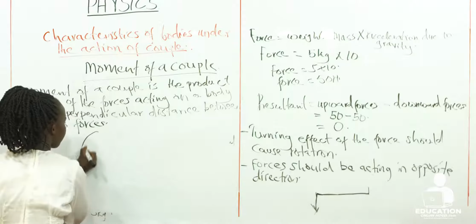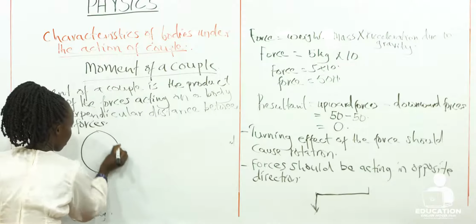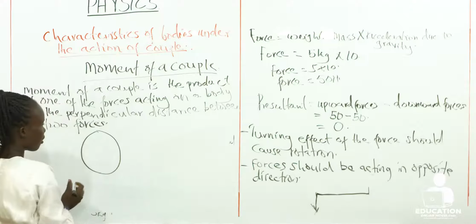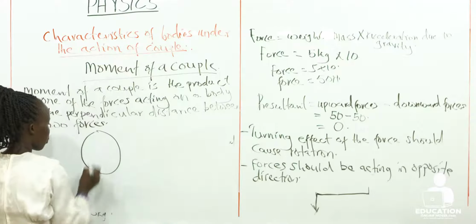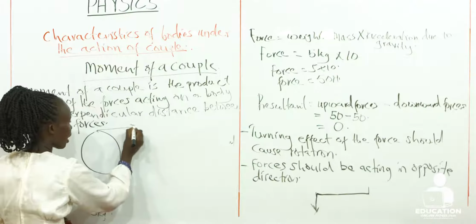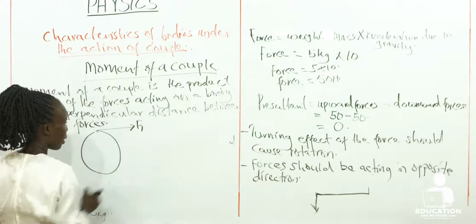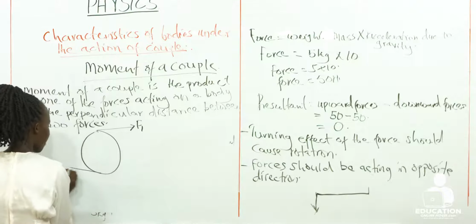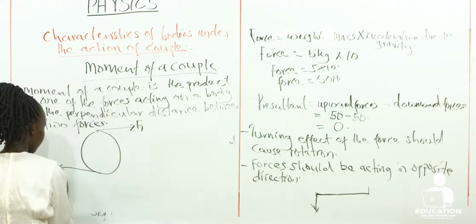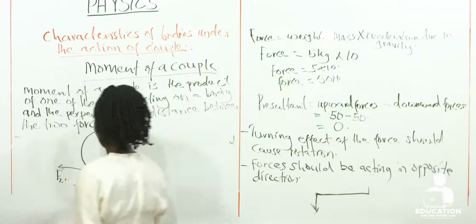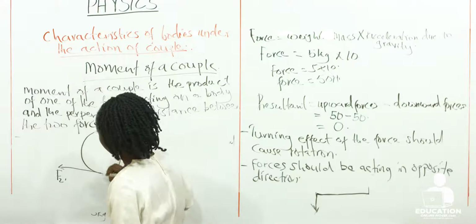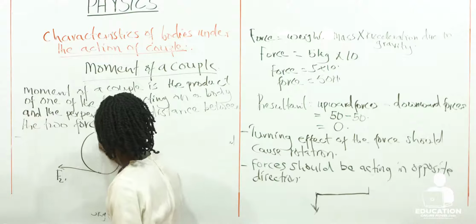So we have a force here we've applied. Let's say it is our F1. And then we have another force, we need to balance it, as F2. So this is the distance. Look at the distance between this force and that.